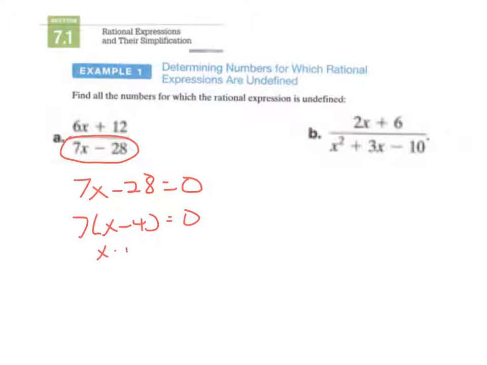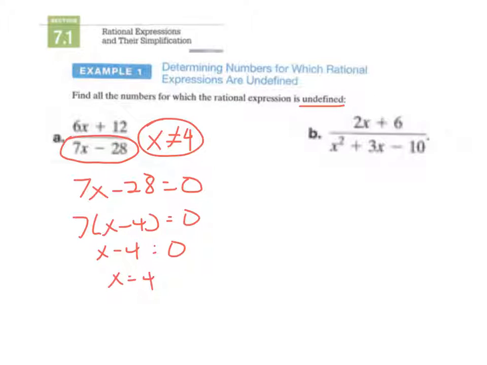So x minus 4, because the 7 we do not have to check for since it doesn't have a variable, and we get x equals 4. So when x equals 4, this denominator becomes 0. We want to find all numbers that make it undefined, and undefined is when this is 0, so x cannot be 4. It can be any other number, but it cannot be 4.